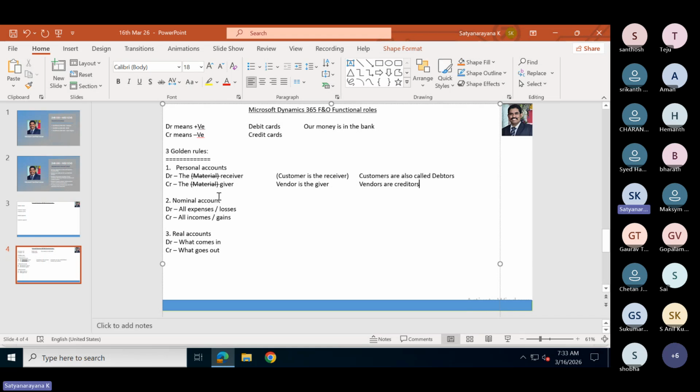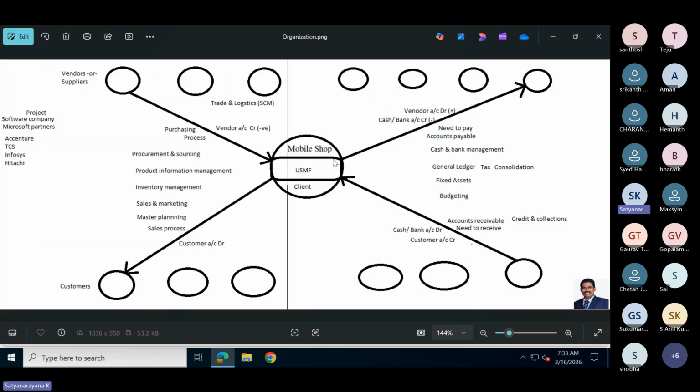Okay, so debit the receiver. You need to imagine this is your company always. Now, from your company, the customer is receiving material.